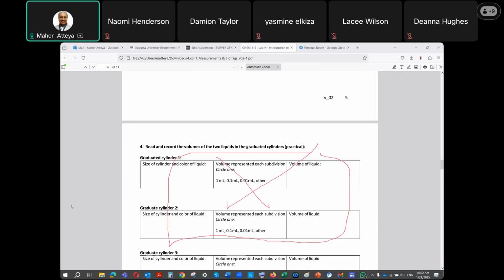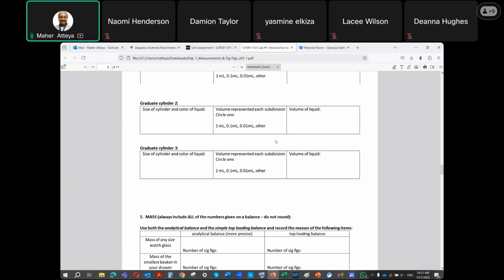And this is the third one. All those 3 are put inside the lab, different liquids, different colors, and you have to measure the volume, the capacity of the graduated cylinder.